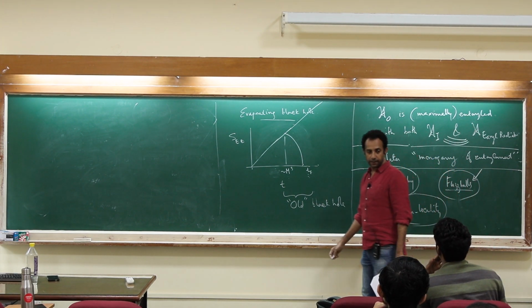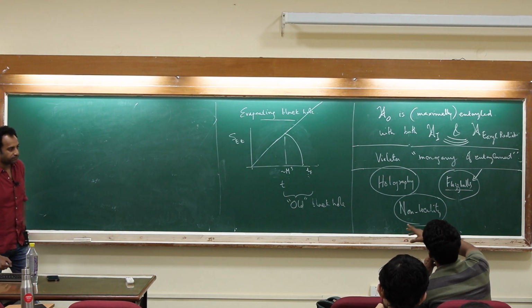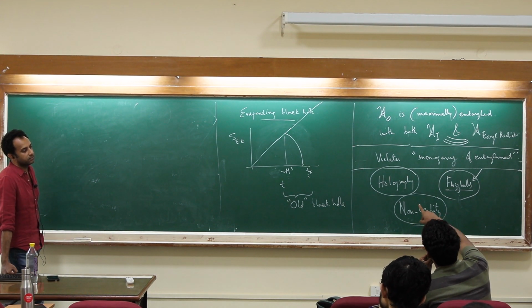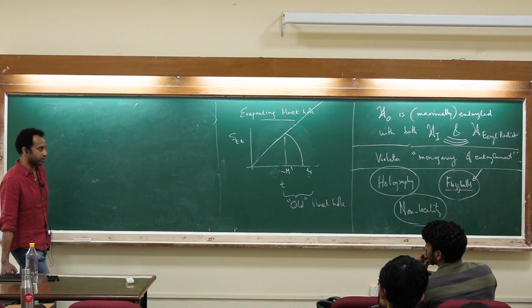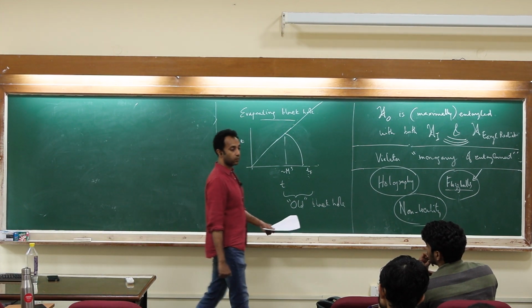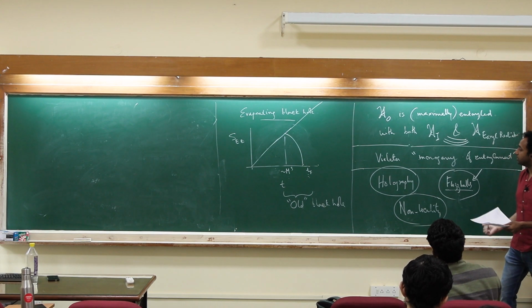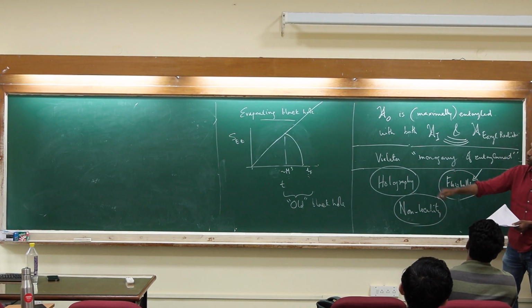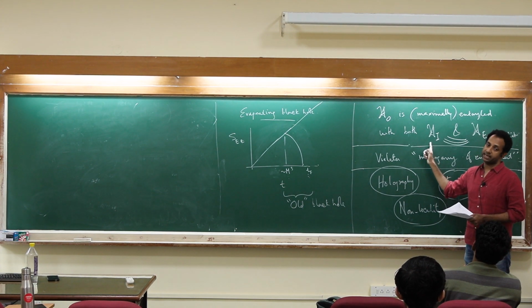But if there is a firewall, then the outgoing thing won't be maximally entangled with the interior. Correct. So this is a way in which we want to avoid the firewall. We want the horizon to be smooth, and the first assumption that I wrote down there is basically that H_O is entangled with H_I.